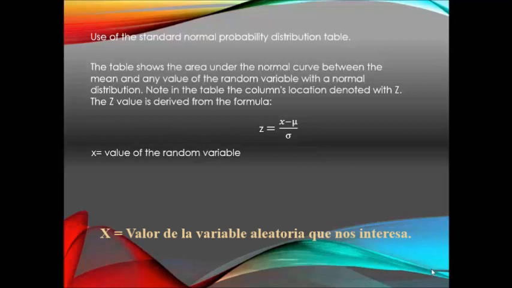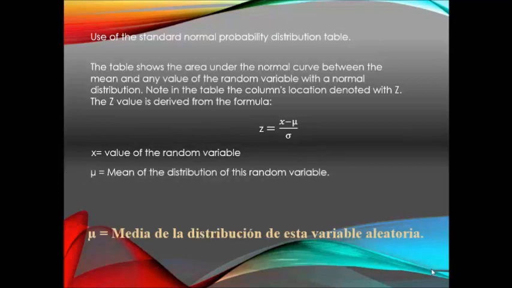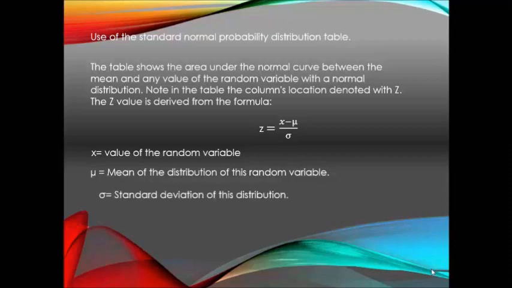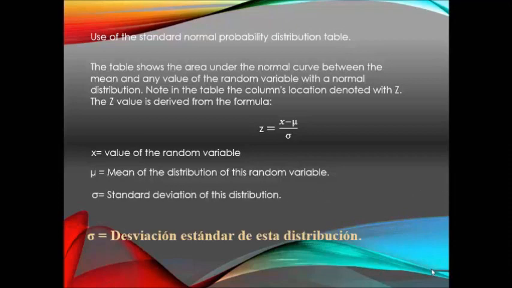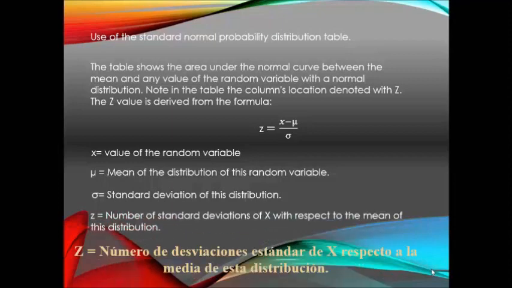X is the value of the random variable. Mu is the mean of the distribution of the random variable. Sigma is the standard deviation of the distribution. Z is the number of standard deviations of X with respect to the mean of the distribution.